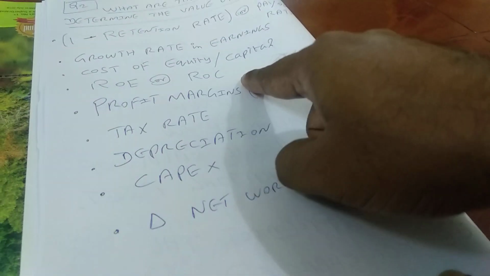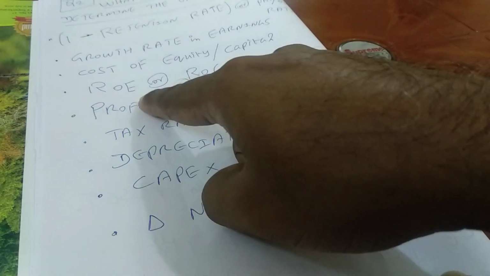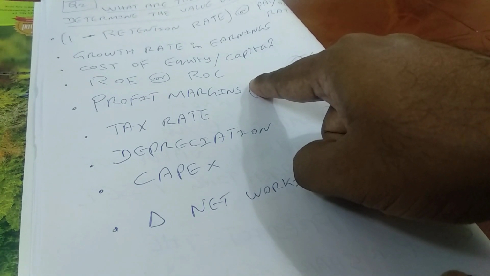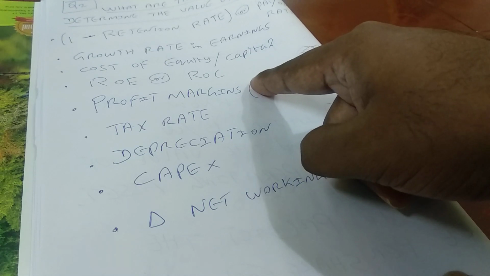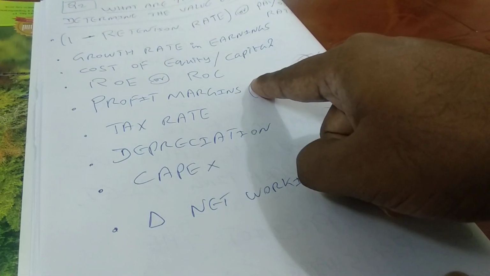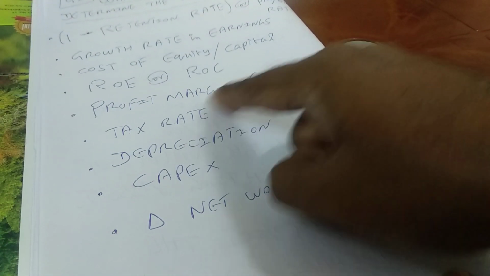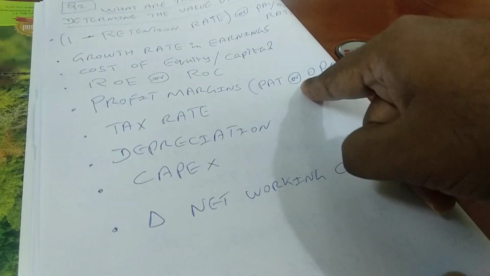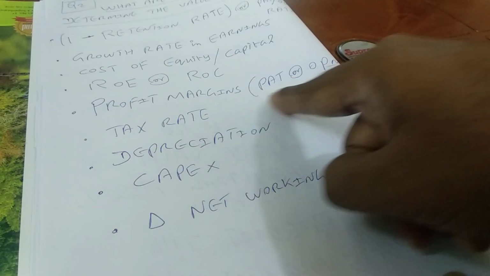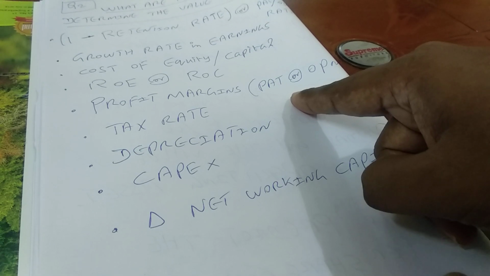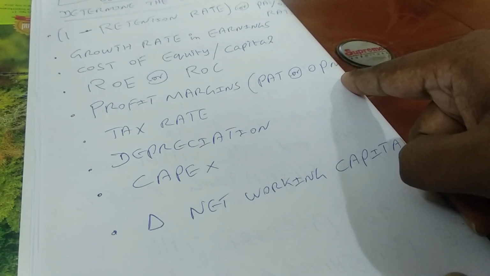The next one is return on equity or return on capital. Return on equity or return on capital are the overall performance measures which can be computed using the financial statements of the company. The next one is the profit margins of the company. It may be PAT or operating profit margin.